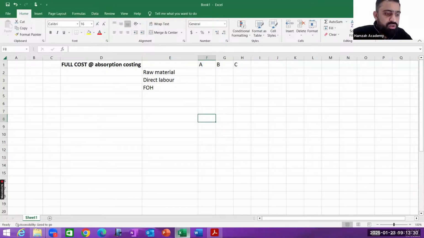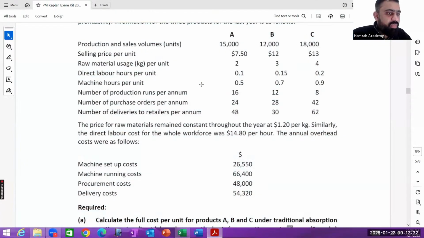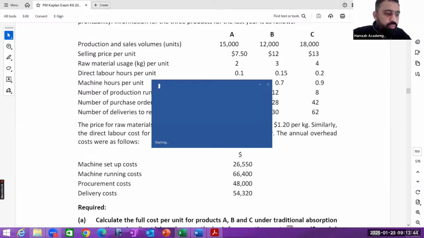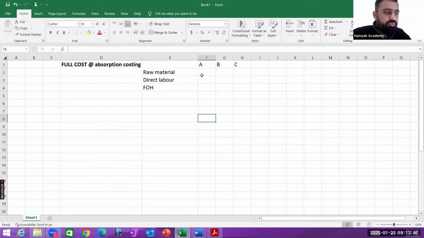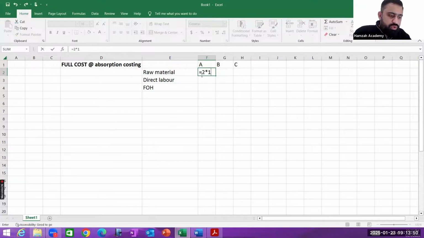Now, first of all, if we talk about the raw material, A, B, and C require 2, 3, and 4 kg of raw material, and the price of the raw material is $1.2 per kg. So for product A, it will be 2 into 1.2.